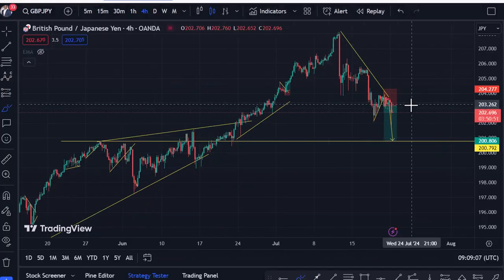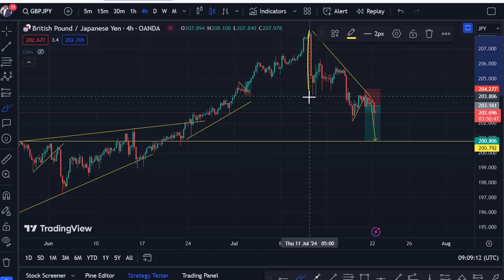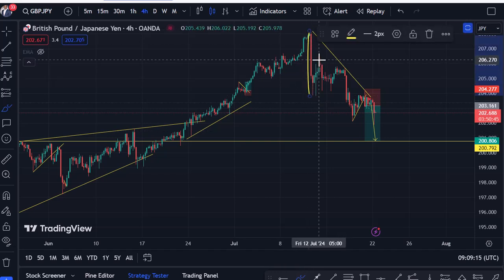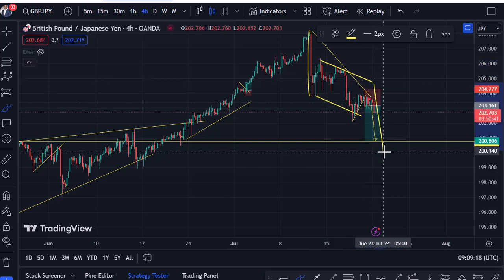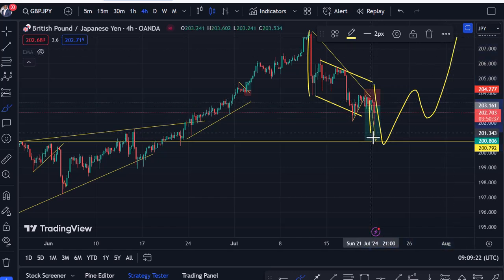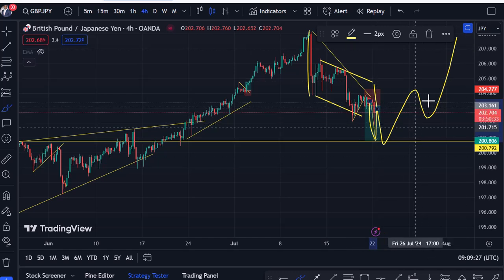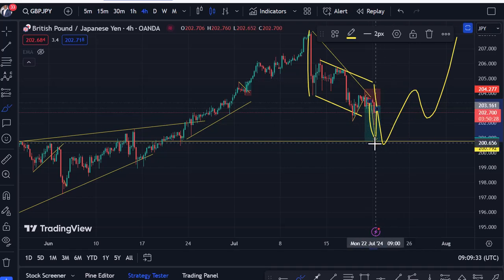The reason for the sell is very simple: we have an impulse down, and all this we categorize as a correction, and we're expecting the next impulse down before the market can start pushing high. So once this last phase drop is completed, expect this move to play out this way for the next move. Today we are still on the sell, and that sell might take us to tomorrow for it to be completed on the Pound Yen.